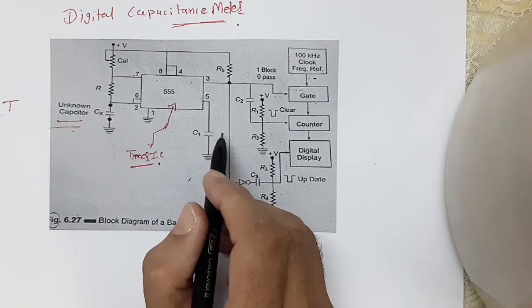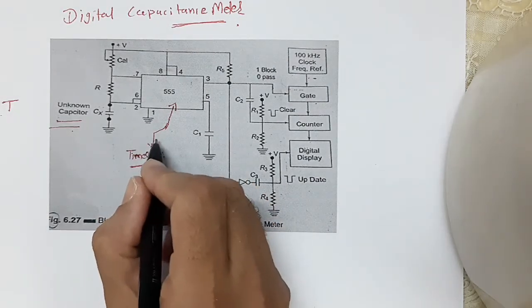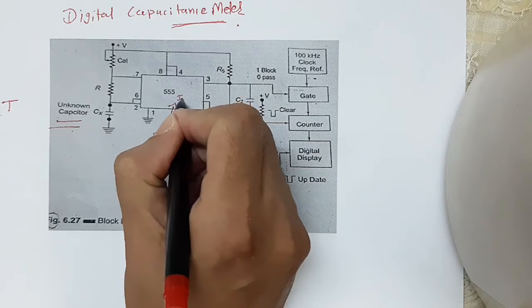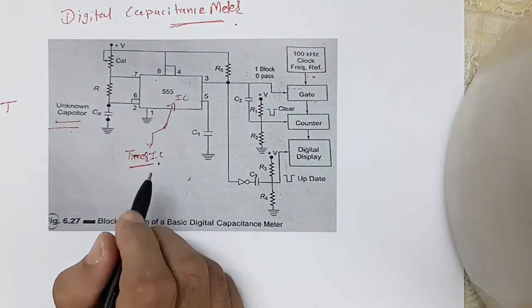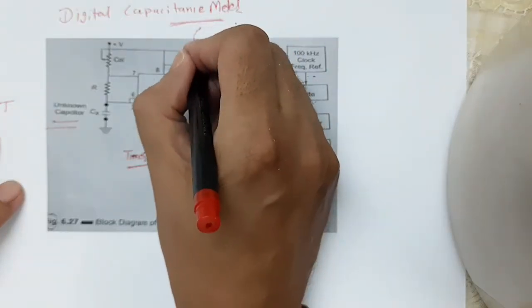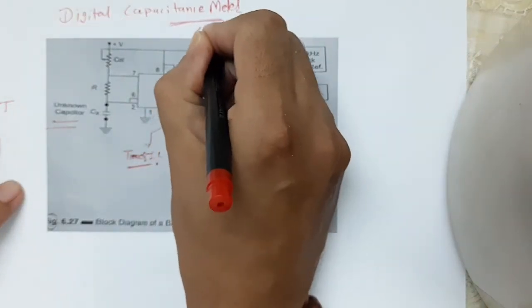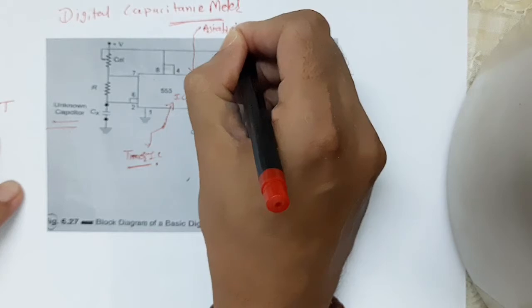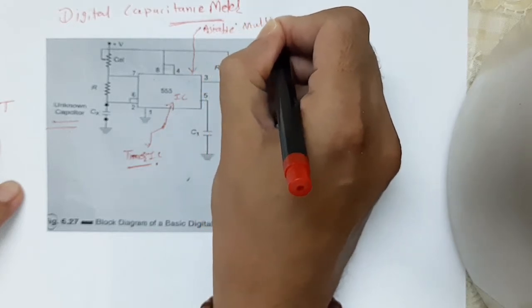Now in this circuit, the 555 timer IC is used as an astable multivibrator.